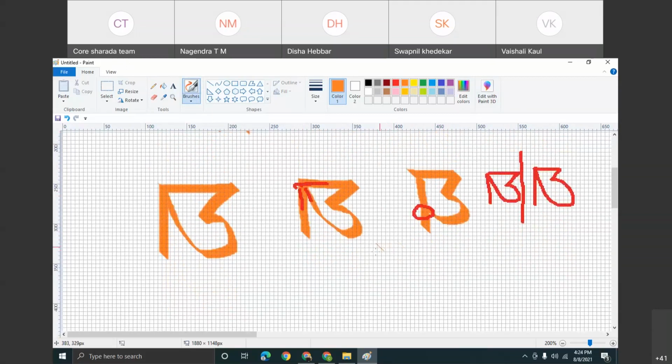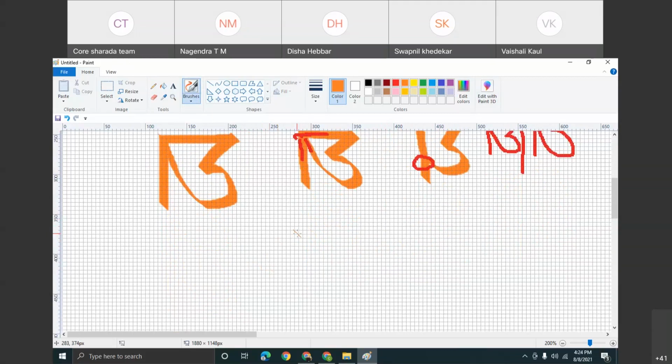So let me draw that once again. See here, I'm making little bit angle here, this angle here. If I don't make an angle, like example, many students, when they do it, after that they come straight. See, this line is a lesser angle here.